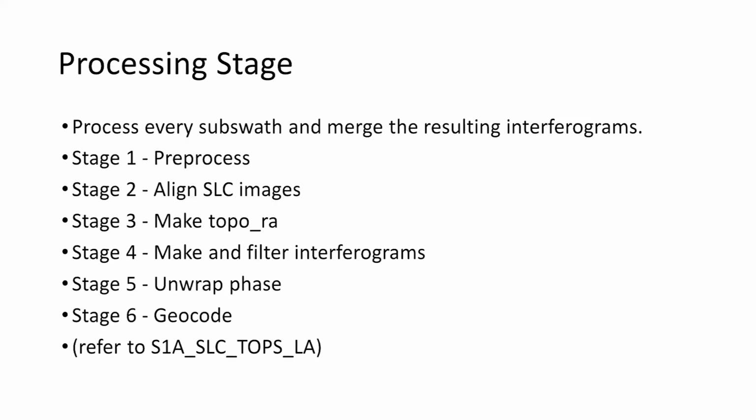For the processing, I mainly referred to the LA sample data set because there are so many parameters in the configuration file that I'm not able to figure out all of them right now. So I just changed the data and mainly used the configuration file in this sample data set. And these are the six stages, which I just copied from there.